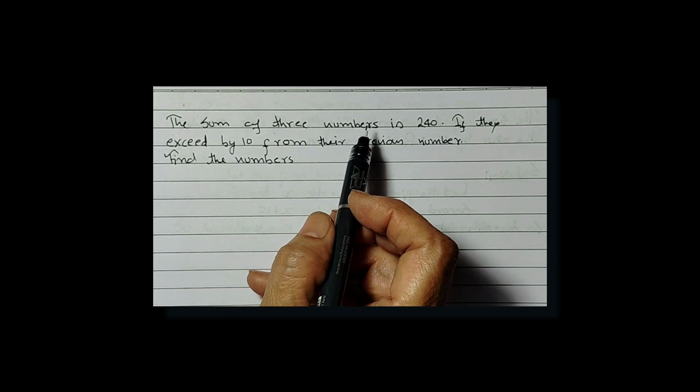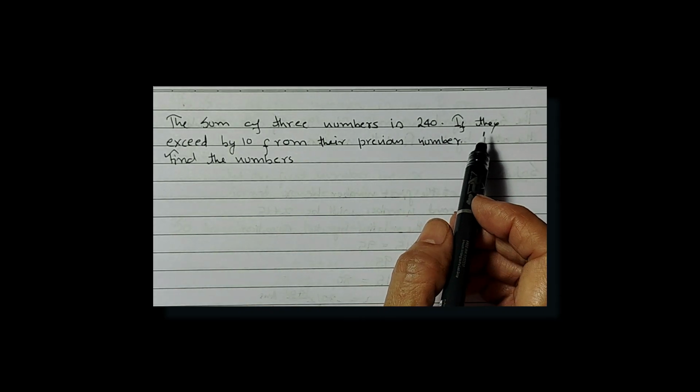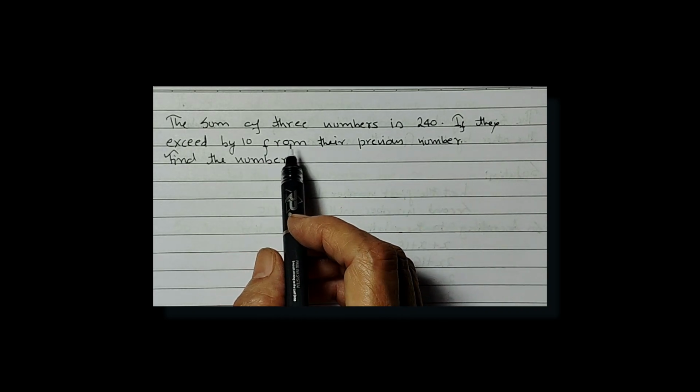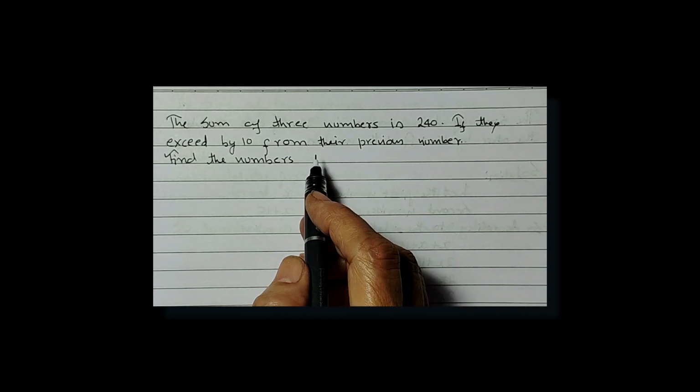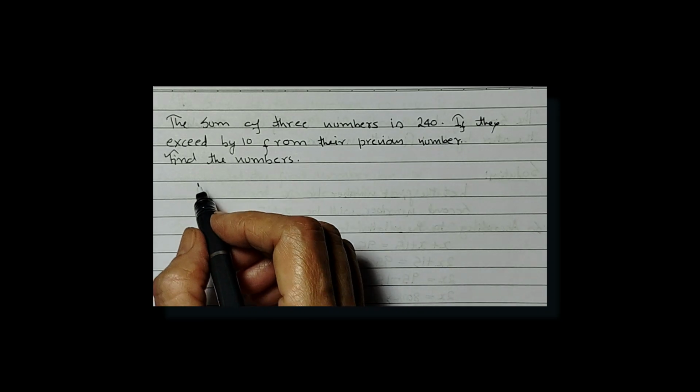The sum of three numbers is 240. If they exceed by 10 from their previous number, find the numbers.